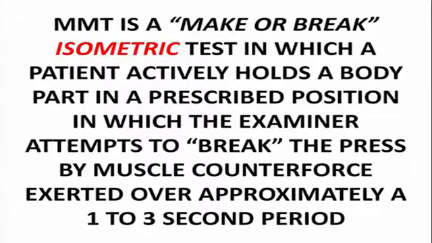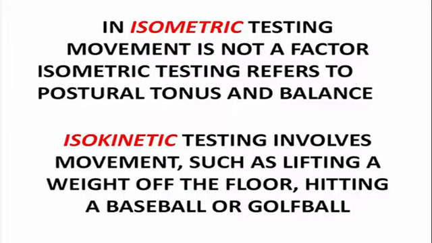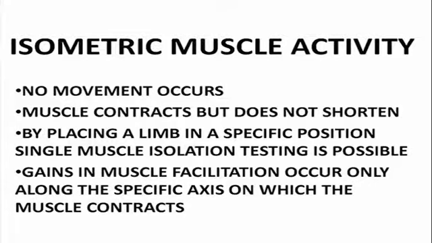So what's the significance of isometric? Isometric, we talked about a make or break. Isometric testing is, movement is not a factor. Isokinetic, movement is involved. So when that weightlifter takes that thing and goes up, that's isokinetic. And sitting there and doing the arm isometric. In isometric muscle activity, once more, no muscle movement occurs.